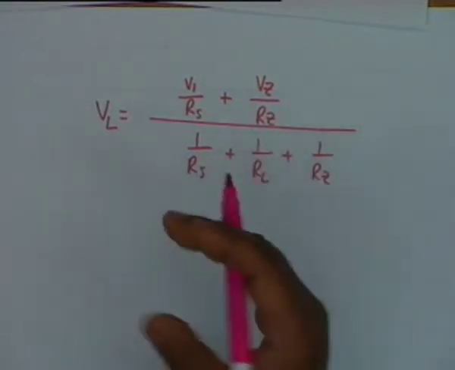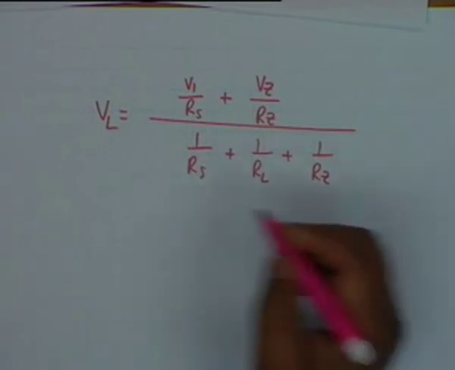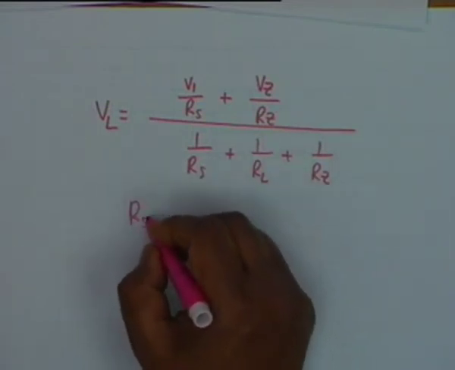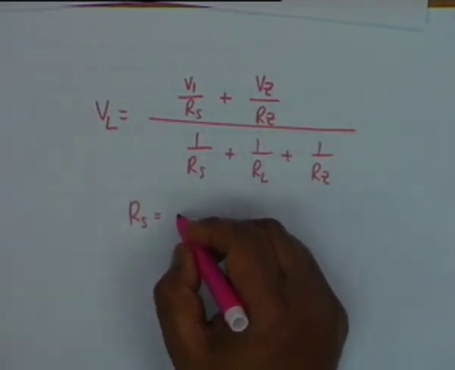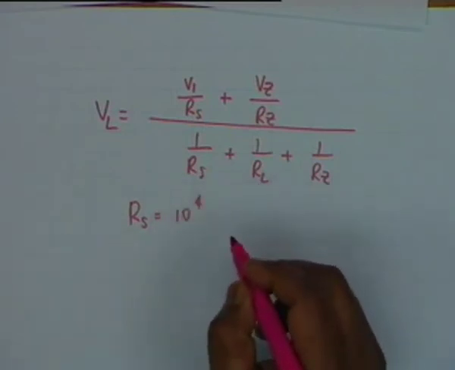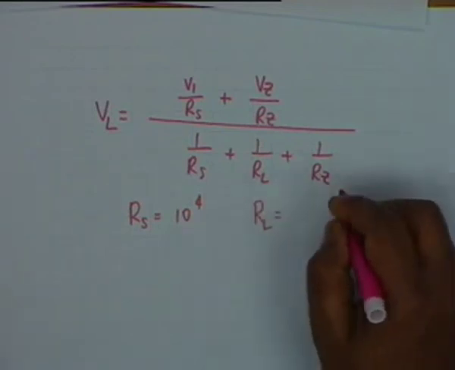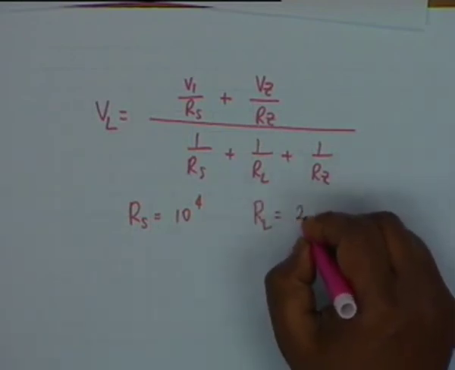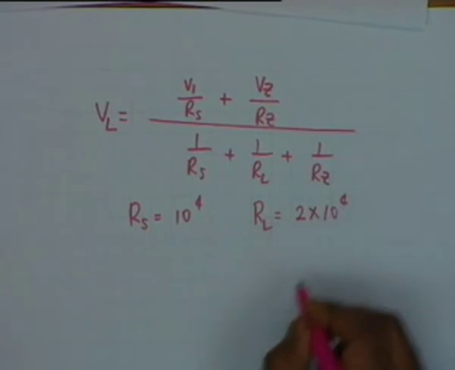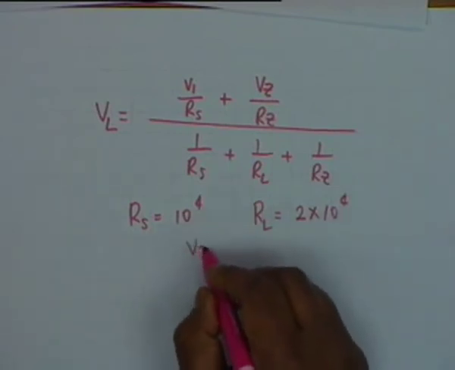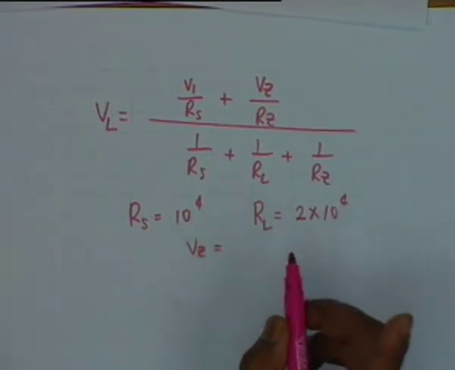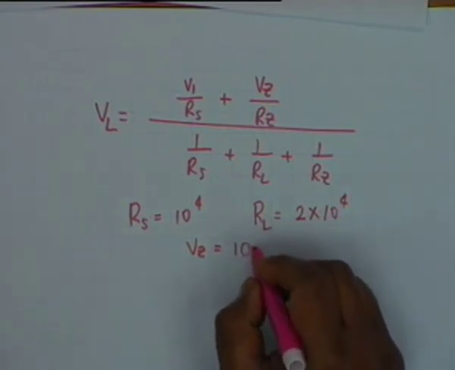To get an idea, let us take some typical values. Let us say Rs is 10k, 10 to the 4. Let us say RL is 20k, that is 2 times 10 to the 4. And let us say Vz, the load voltage I want to maintain constant at, let us say 10 volts.